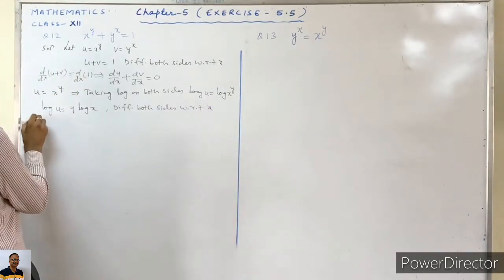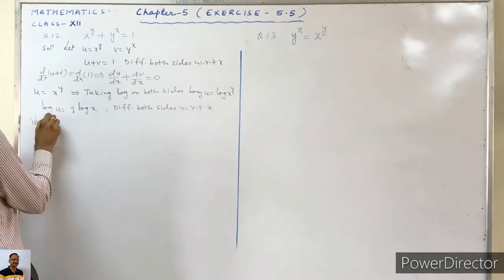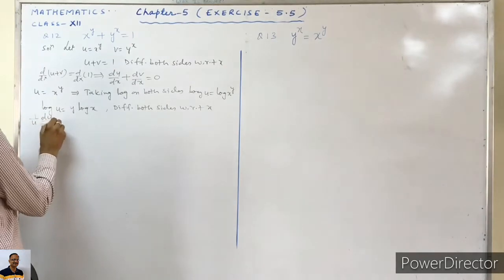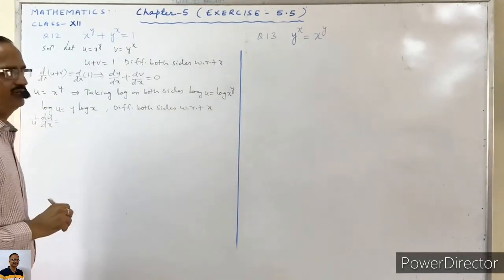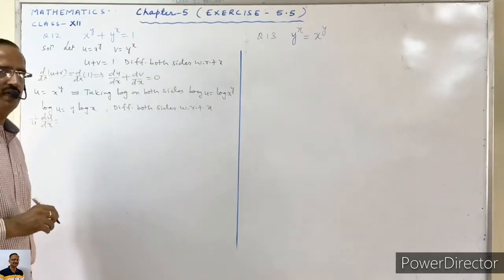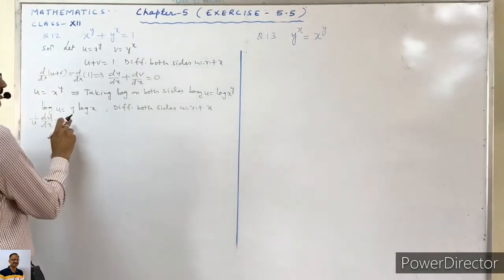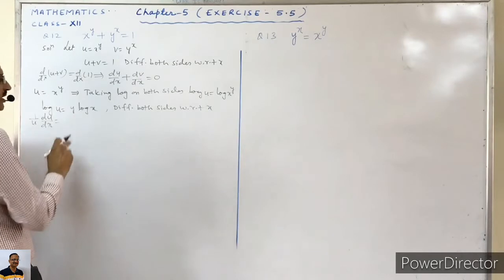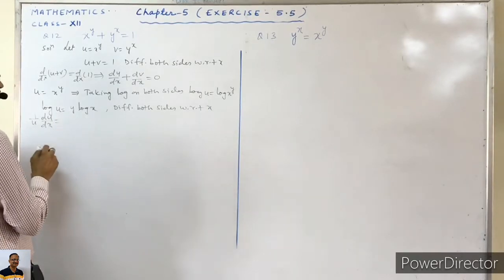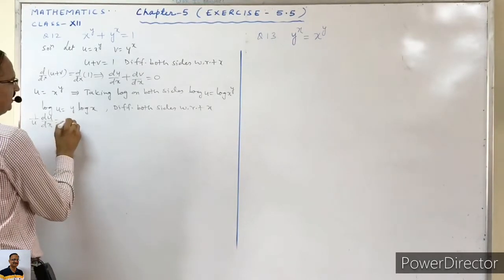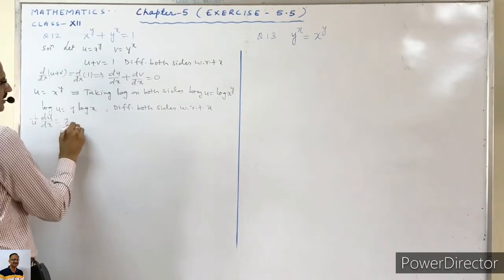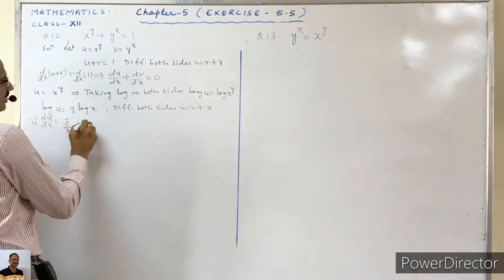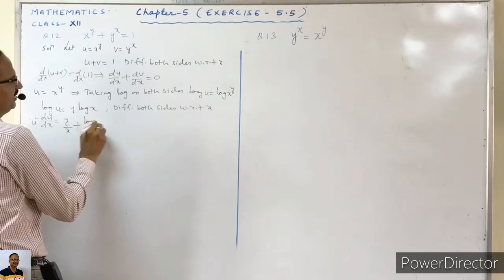So this is 1 by u du by dx as we have done in previous questions, that is question number 6, question number 9. Now these two are in product, so we will use product rule. So first function as it is, now derivative of log x is 1 by x plus this second function as it is.